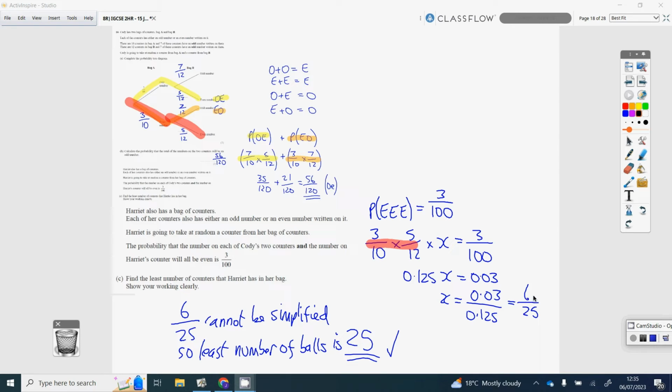So it could be 60 over 250, or it could be 12 over 50. We don't exactly know, but given we're trying to work out the least number of counters, we can't simplify this any smaller. So there must be at least 25 counters in the bag in order to give us this probability, this ratio of 6 to 25 or above.